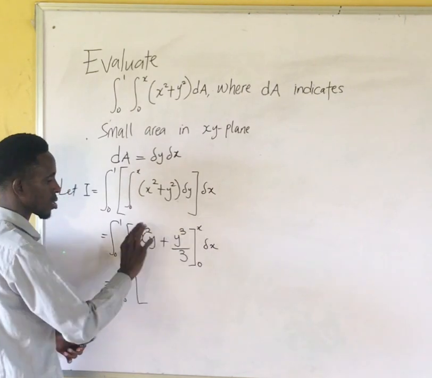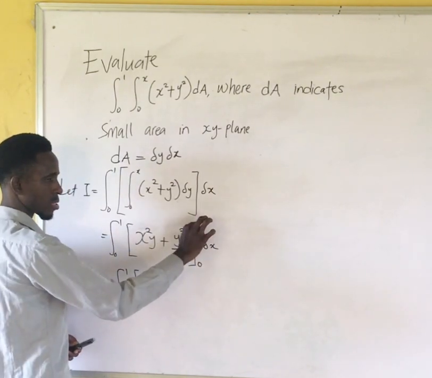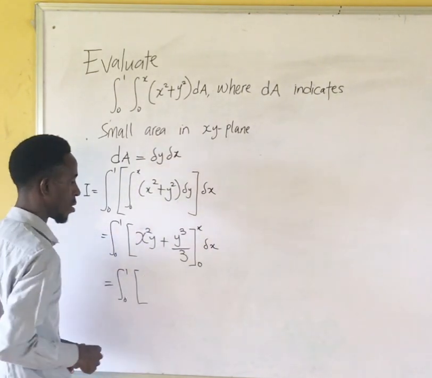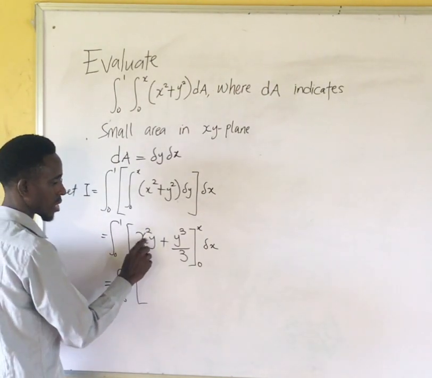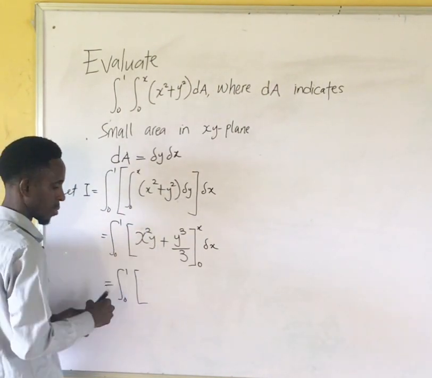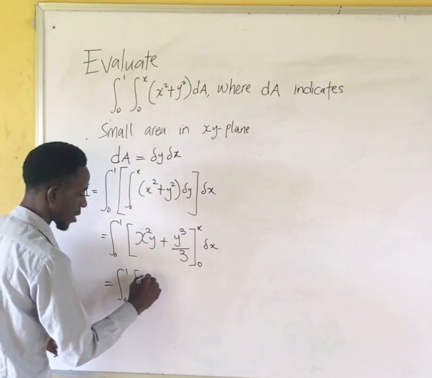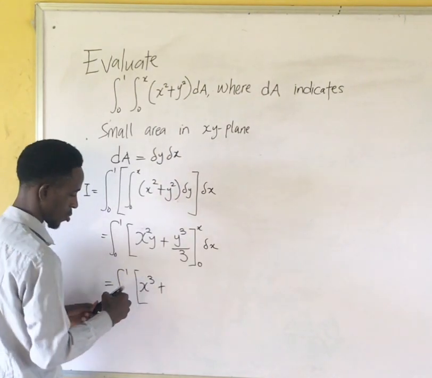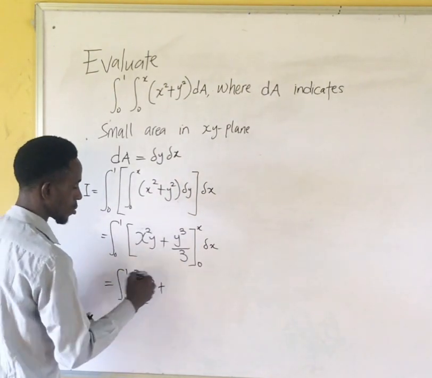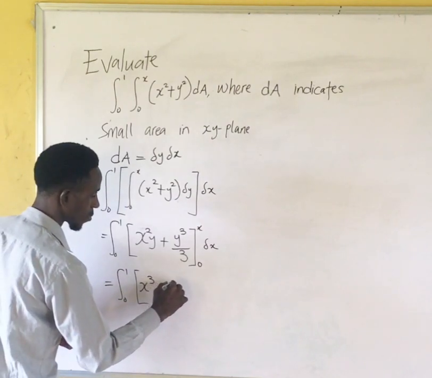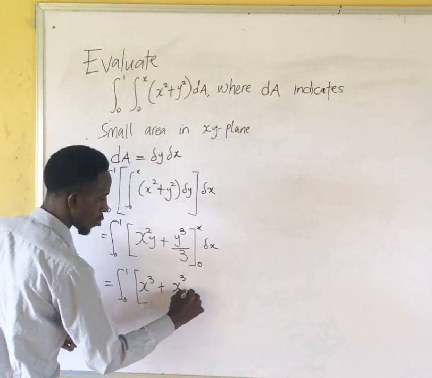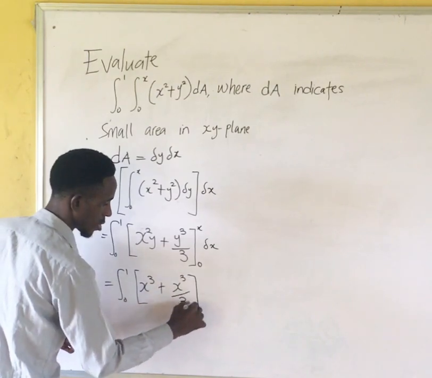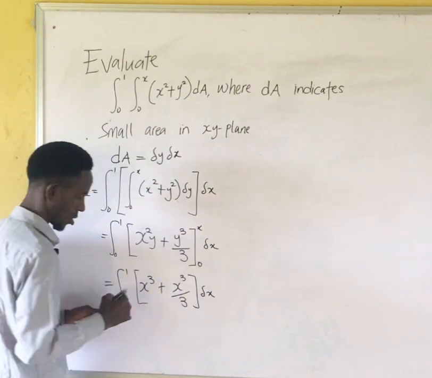So inputting the higher interval x into this, I'm going to have x squared times x, so it's going to be x cubed, plus x cubed over 3, then dx.